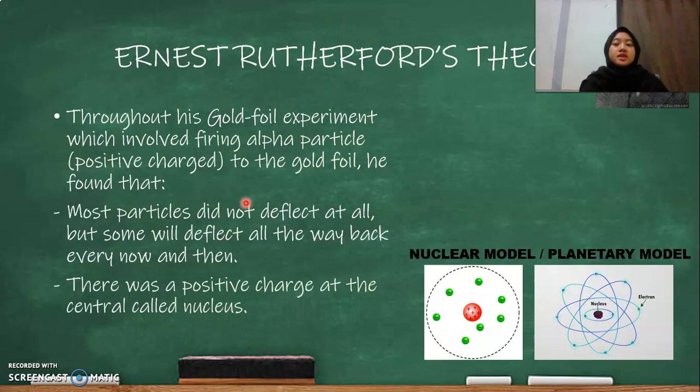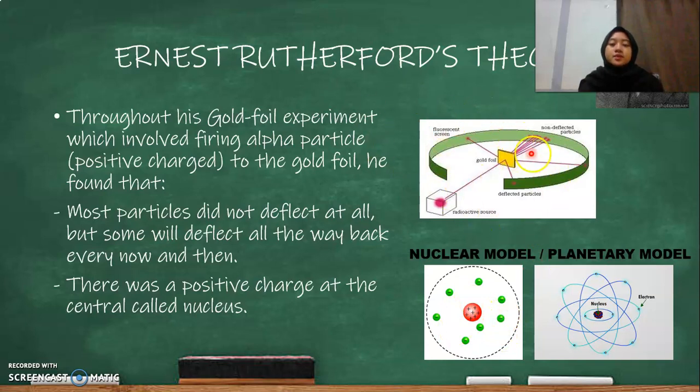So he found that there was a positive charge at the center, which is called a nucleus. As you can see right here in the diagram, the positive charge at the center is the nucleus. This is the example of the gold foil experiment.